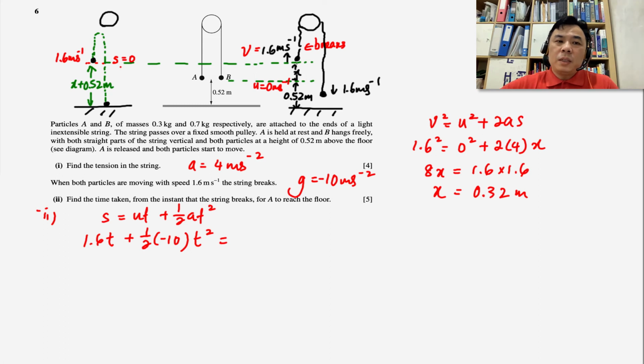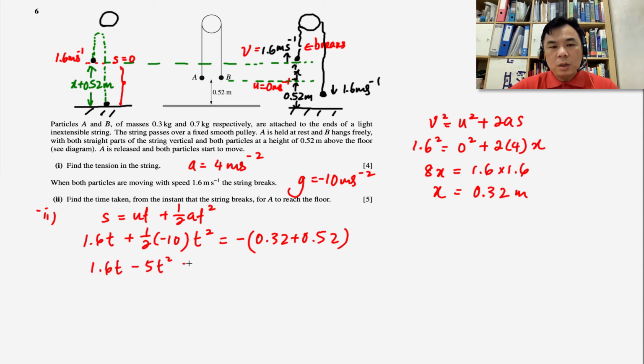And then the final displacement is here, which is given by negative 0.32 plus 0.52 here. And then that will give us 1.6t minus 5t squared equal to negative 0.84.